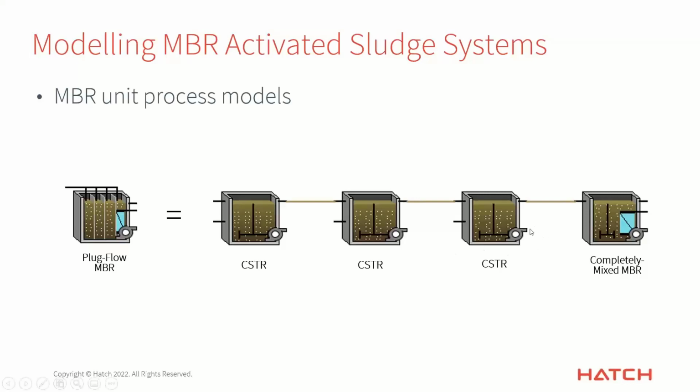Any internal recycles that you would want to do, like pumping from this last zone back to one of the earlier zones, you can do inside this object just the same way you can for a regular plug flow object. In fact, I'm going to be showing you an example of an A2O system with that setup, and I've used the plug flow reactor with 3 tanks in series to do that.